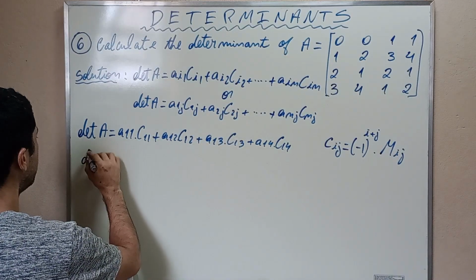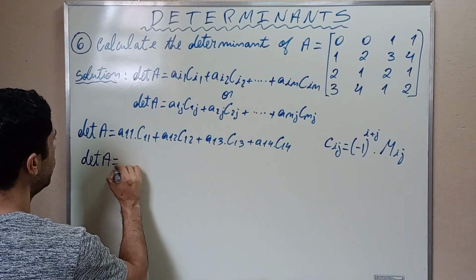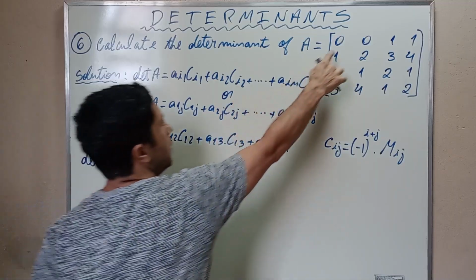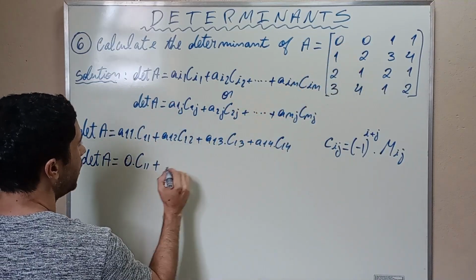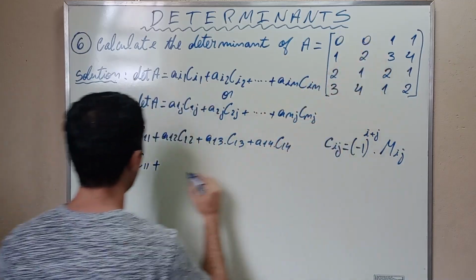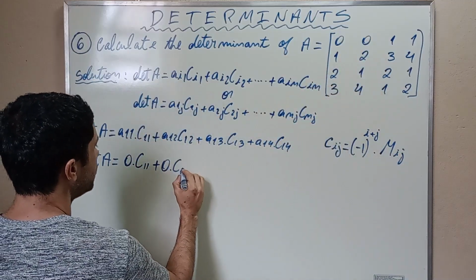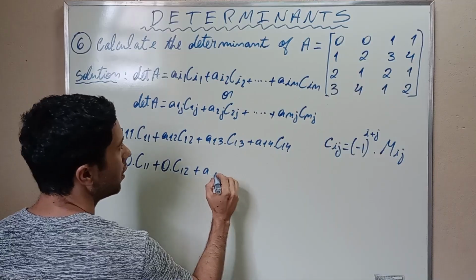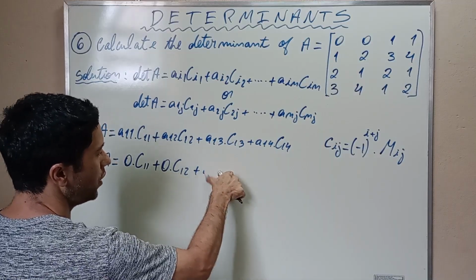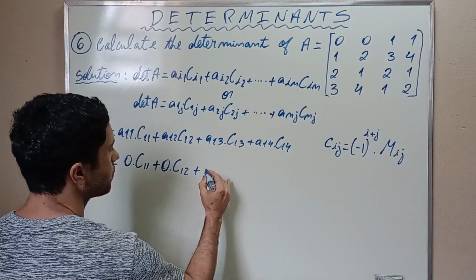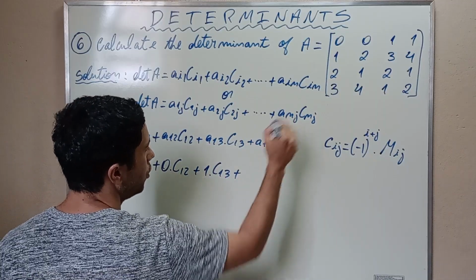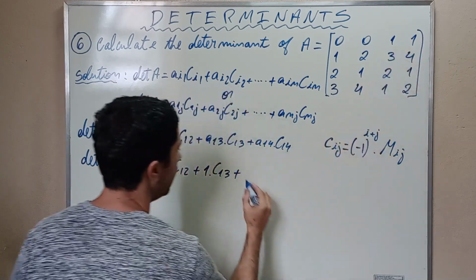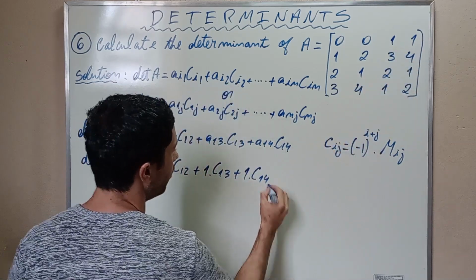And as a consequence, substituting there, the determinant of A will be equal to A11 is 0, 0 times C11 plus A12 is 0, 0 times C12 plus A13 is 1, 1 C13 plus 1 C14, okay?